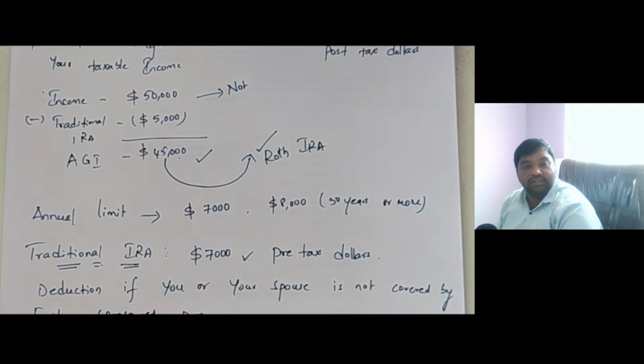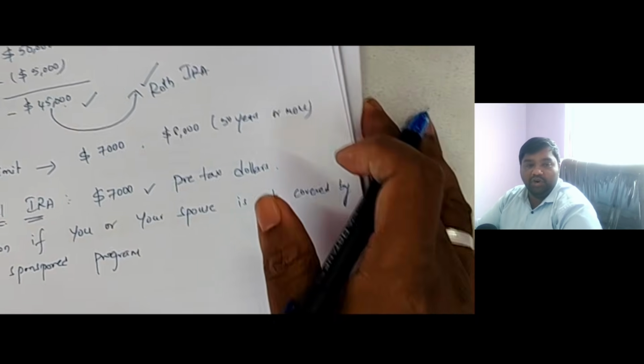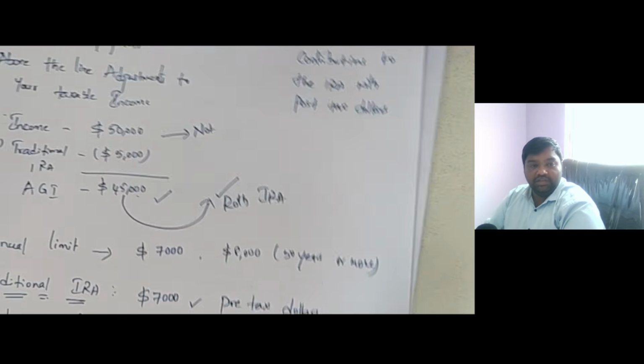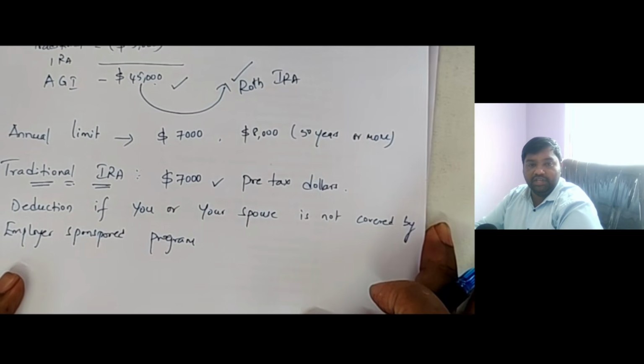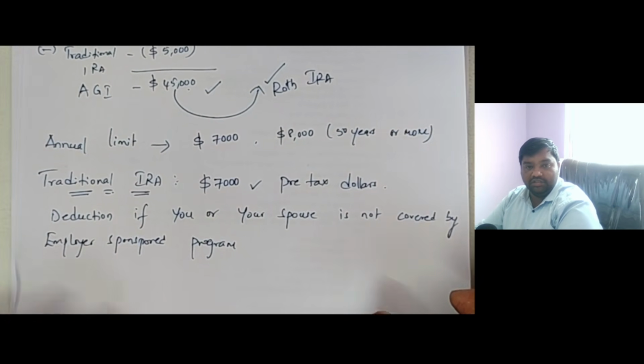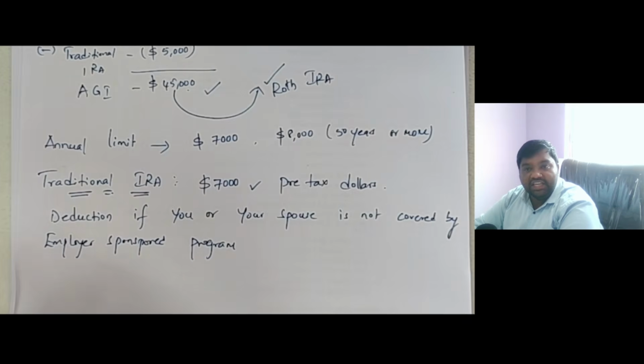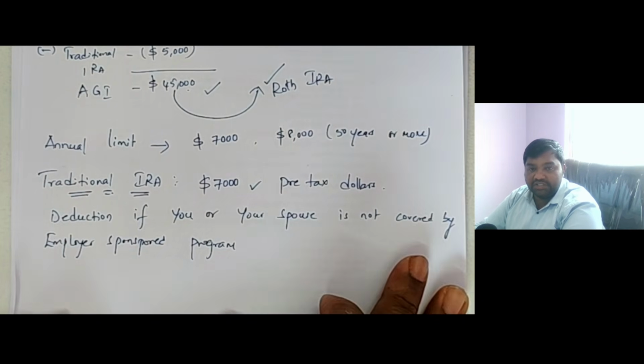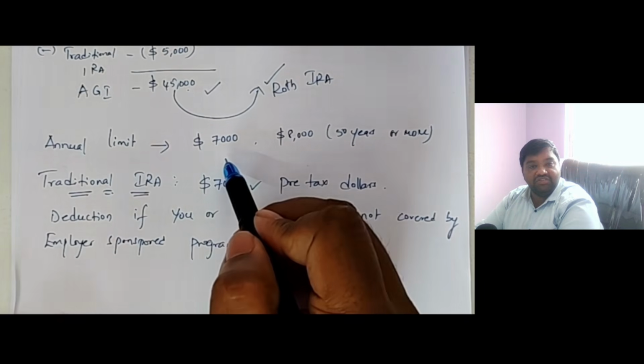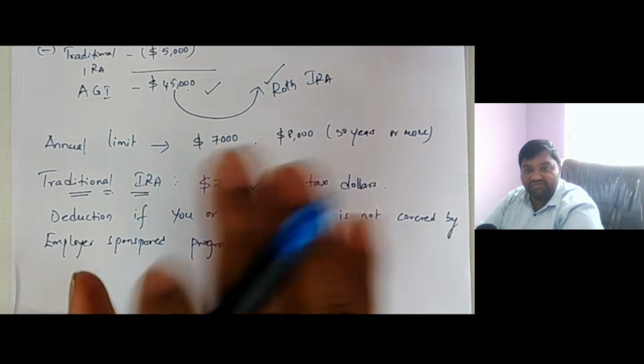It means if your employer doesn't have any retirement savings programs, then the entire $7,000 will be given to you as a deduction, whichever status you are falling under.